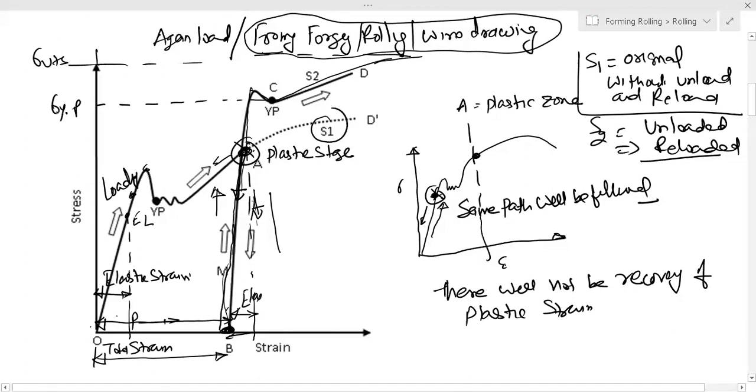And this happens because dislocation interacts. When you first load, the line defect moves and it gets anchored. Means in the first attempt when you load it, it gets anchored.